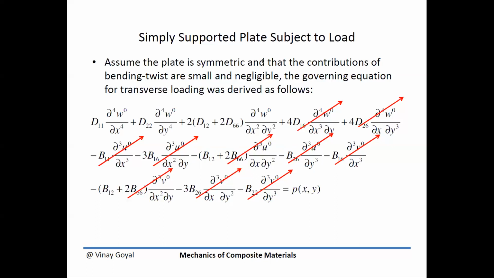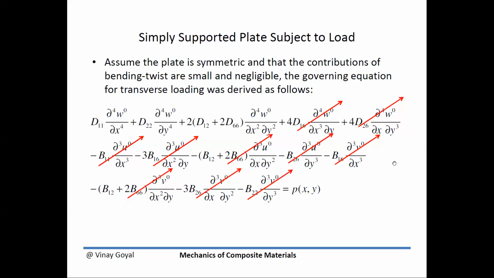So to decouple the two, choosing this B matrix to be zero entails making the composite symmetric in ply stacking sequence. And as a consequence, we can neglect all these terms.